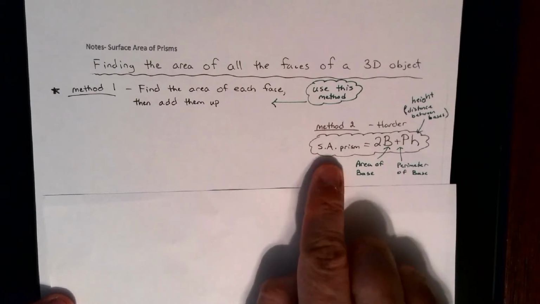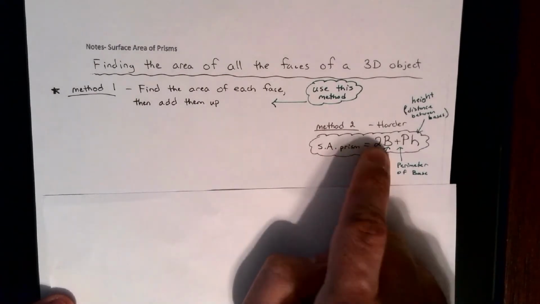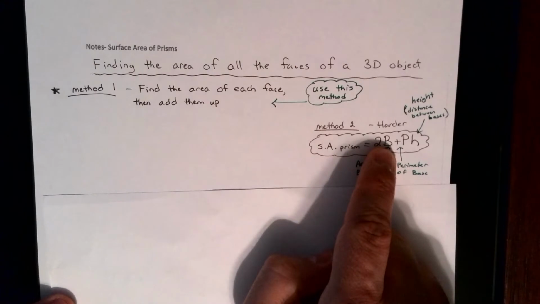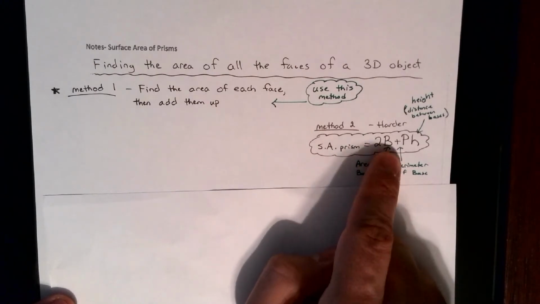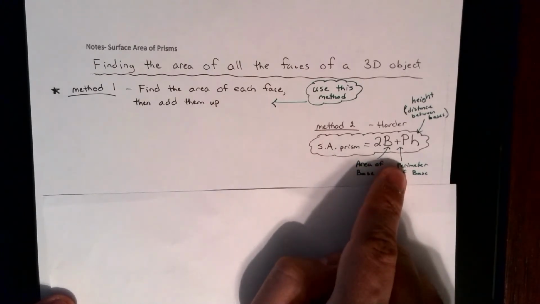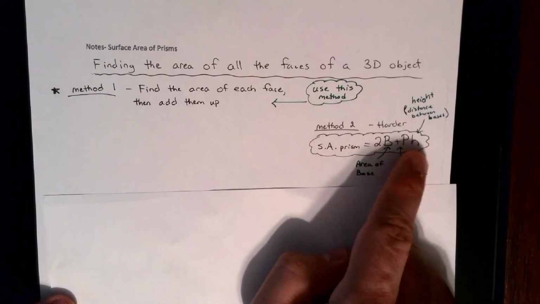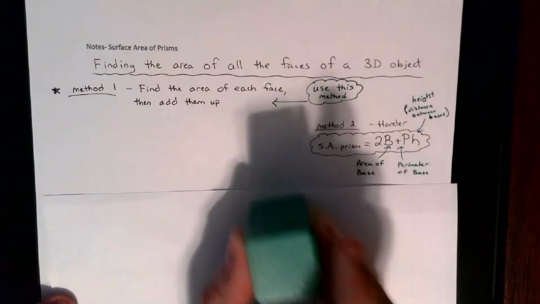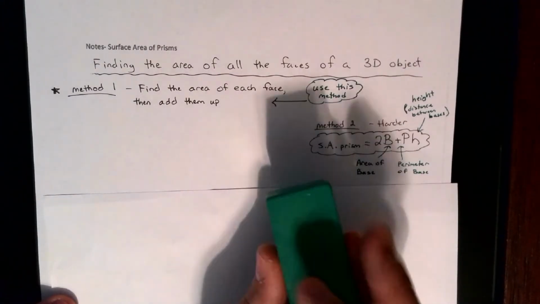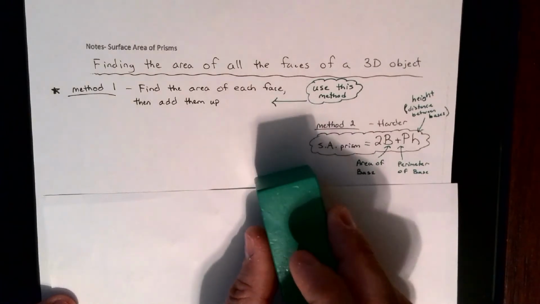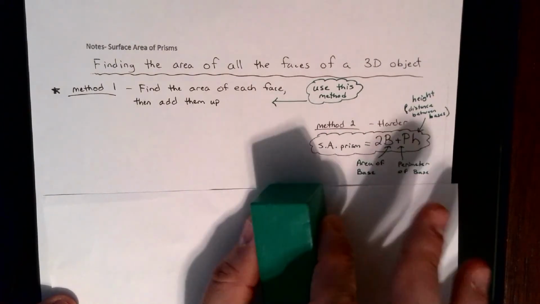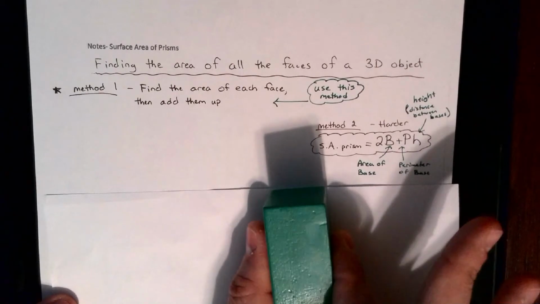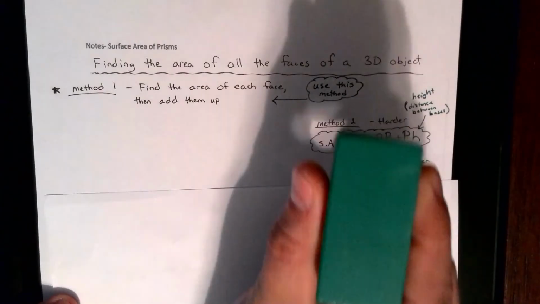So the surface area of any prism is equal to 2 capital B, the area of the base, plus the perimeter of the base times the height of the prism. And the height of the prism is the distance between the bases. With a rectangular prism, it can be any one of the sides that you consider to be the base. If I put my fingers on these 2 rectangle sides, you can see my thumb and finger on those sides.